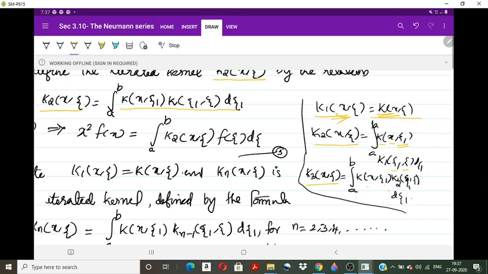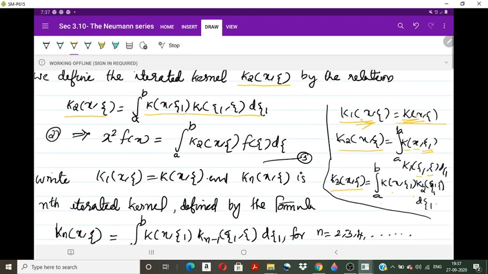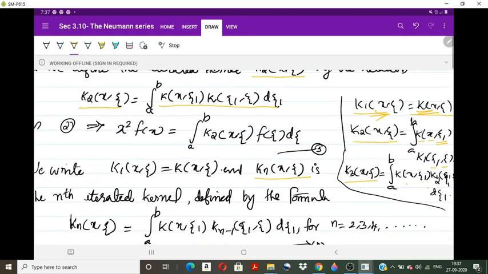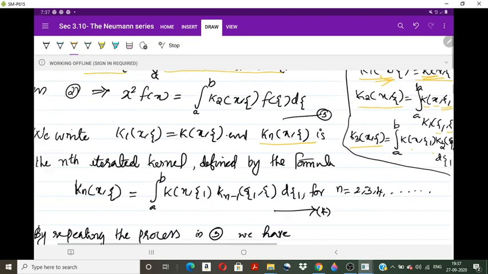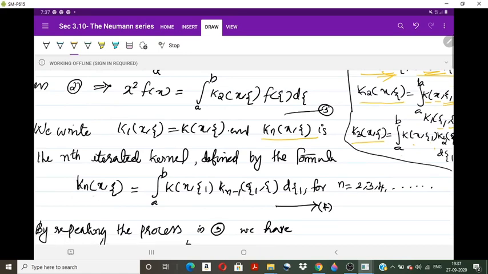So we can repeat this process, and we will get the nth iterated kernel kn of x theta.